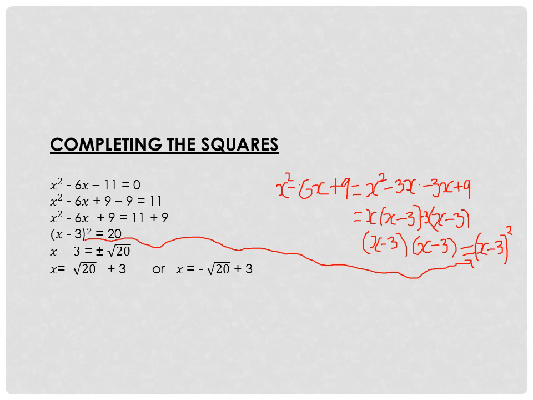So the square root of (x minus 3) to the power 2 gives us x minus 3, and we are going to have plus or minus the square root of 20. So x equals the square root of 20 plus 3, or x equals negative square root of 20 plus 3. Learners, that brings an end to today's lesson.